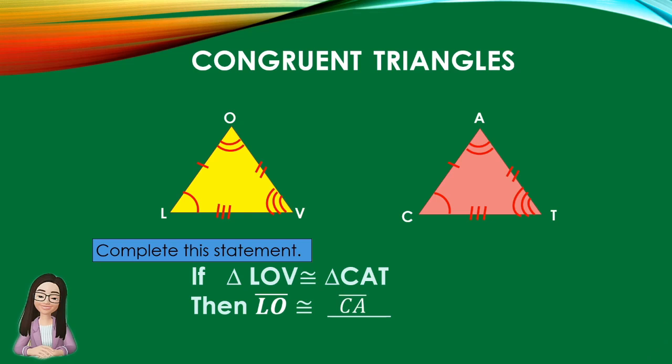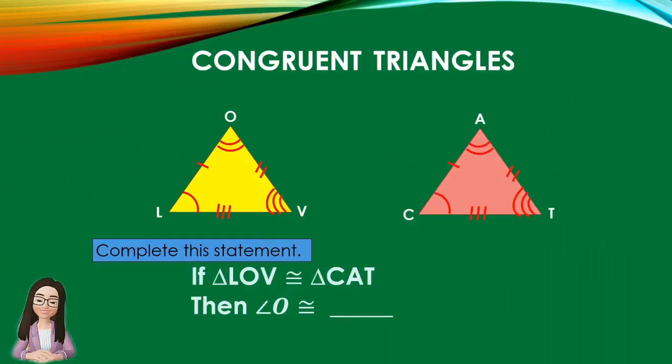If your answer is segment CA, then you are correct. Let's try another. If triangle LOB is congruent to triangle CAT, then angle O is congruent to blank. If your answer is angle A, then we have the same answer.